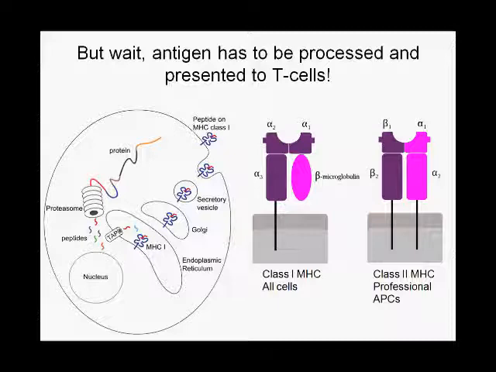What that means is that these T cell receptors respond only, or mostly only, to peptide antigens. So viral proteins or bacterial proteins first have to be digested, and they are degraded into small bits, small peptides, inside what we call an antigen presenting cell.